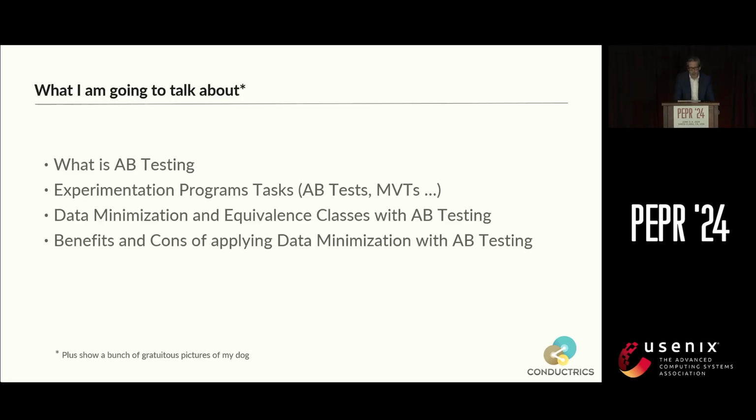Okay, what I'm going to talk about briefly is what A/B testing is. I assume most of us know what it is, but it's always good to get everything set up. I'm going to talk about what experimentation programs are and what our software does. We have software for doing experimentation, and so we have clients, and in a way we're the data processor and they're the controllers.